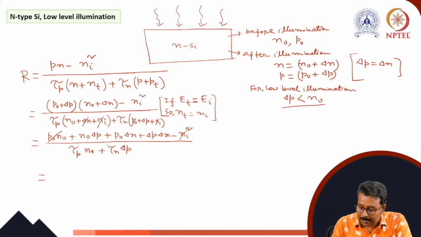Now out of these, here N0 delta P plus P0 delta N. P0 is itself very less because it is an N-type semiconductor, and the delta N value is multiplied with the P0, so this will also be very less.